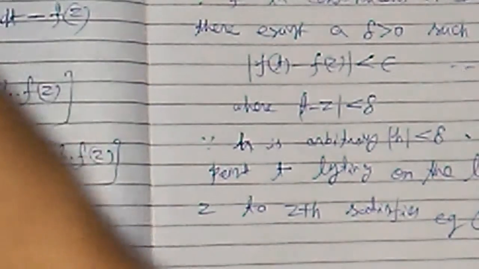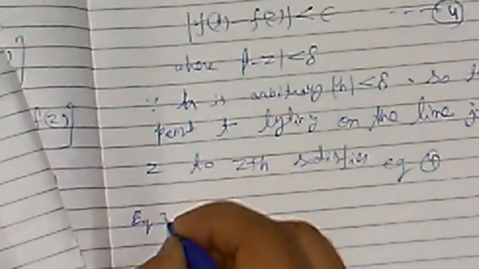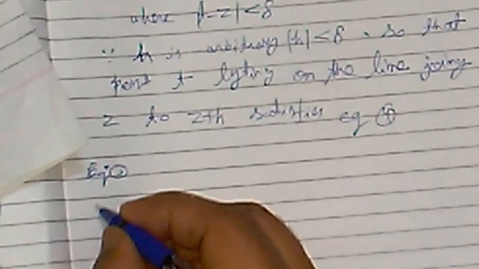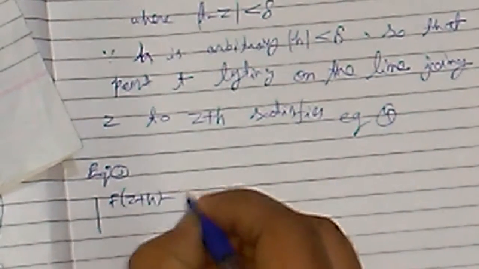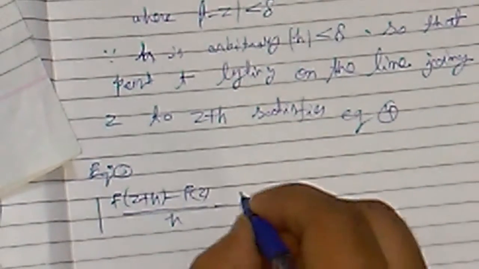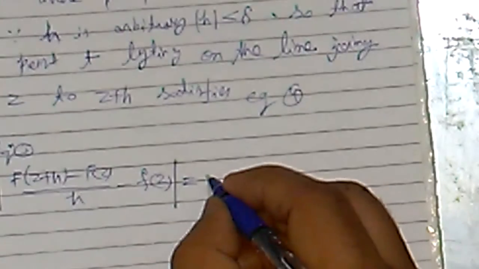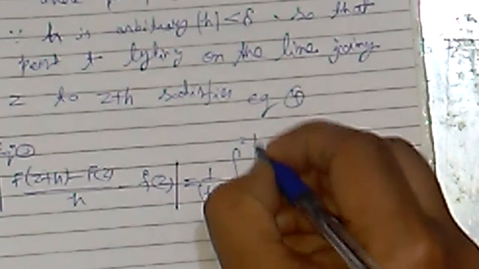Now we use equation number 3, and from equation number 3 we can write modulus of (f(z plus h) minus f(z)) over h minus f(z) is equal to 1 upon modulus of h times the modulus of the integral from z to z plus h. Now we apply equation 4 here.